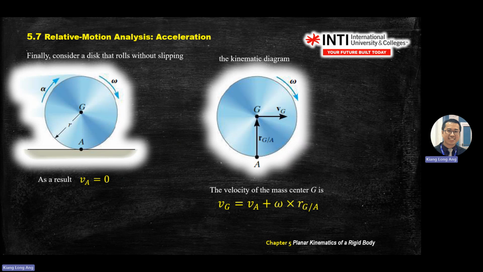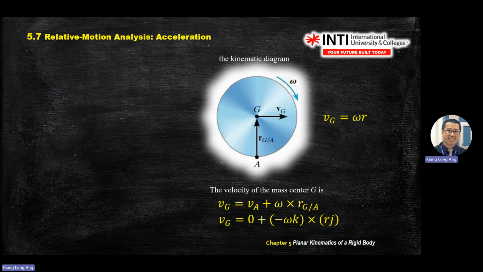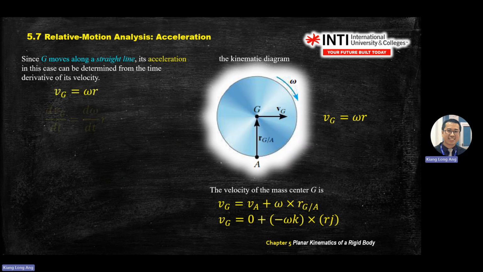You change this to omega R, where the R here is G stroke A. It's the same thing, but this one is vector form. But to simplify, you just need to remember velocity equals omega R.